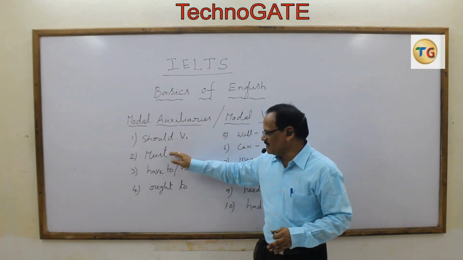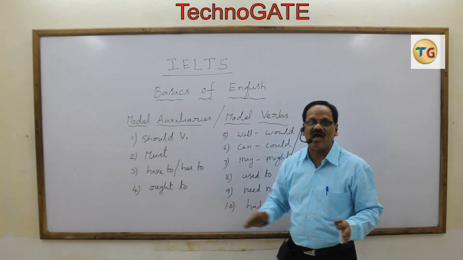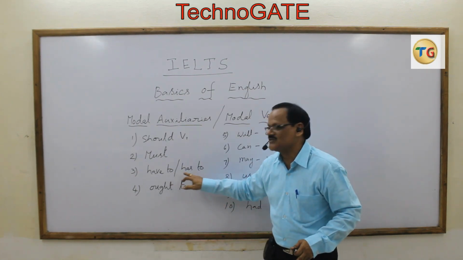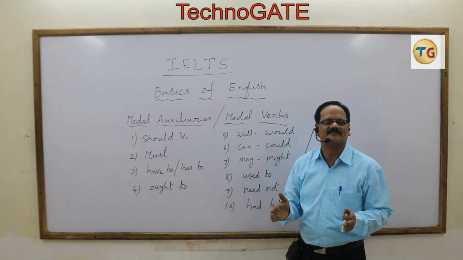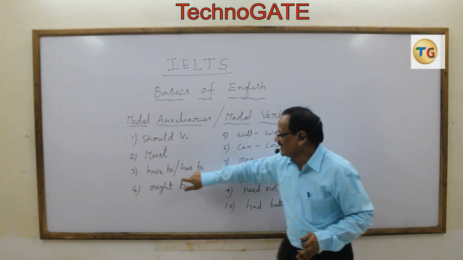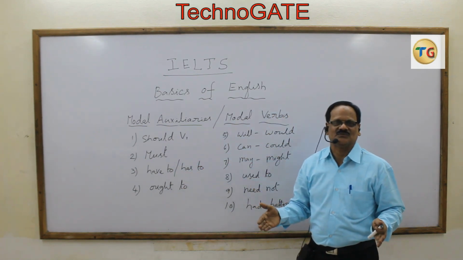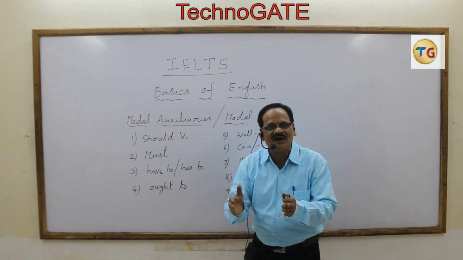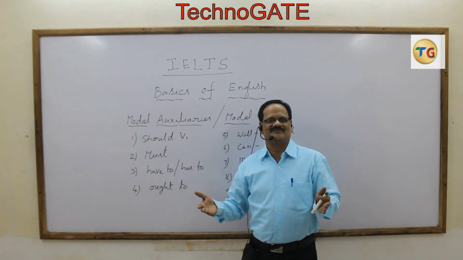Then, the same meaning is conveyed with have to, has to also. But it will change with the person. I, we, you, they have to. He, she, it has to. I must go is equal to I have to go.